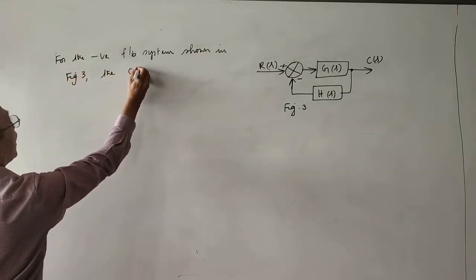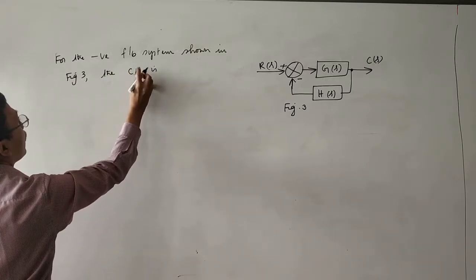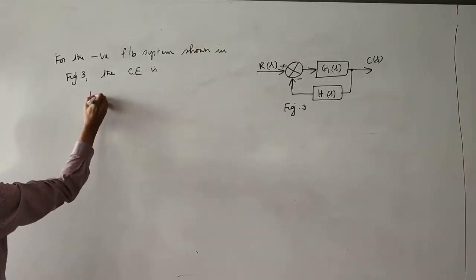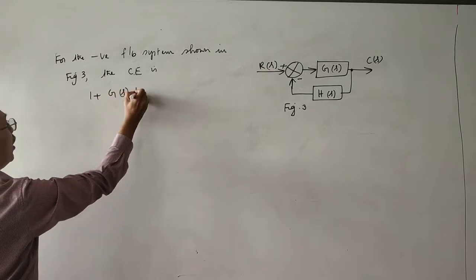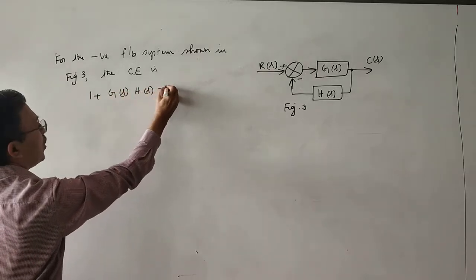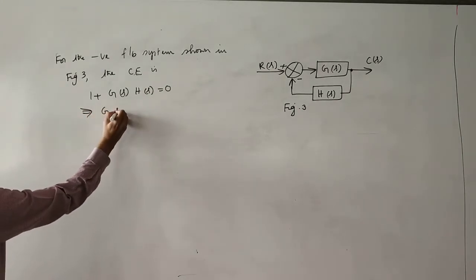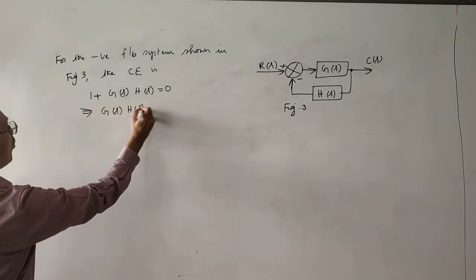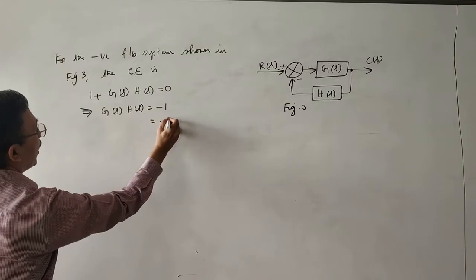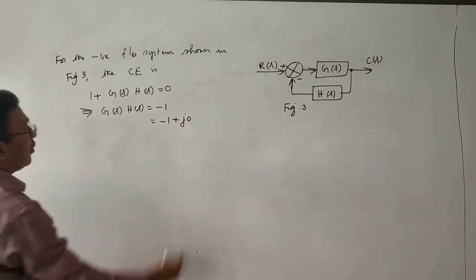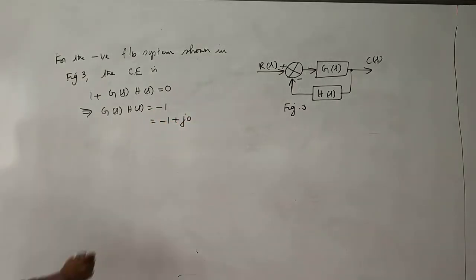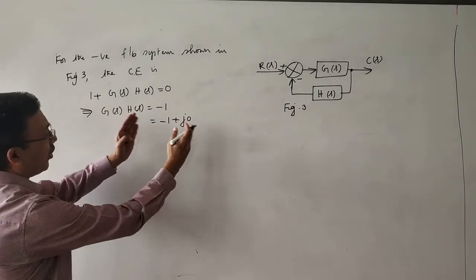the characteristic equation is 1 plus G of S H of S equal to 0. This implies G of S H of S is equal to -1, which can be written as -1 plus j0. -1 plus j0 is in rectangular form.